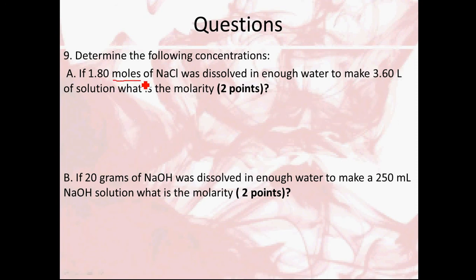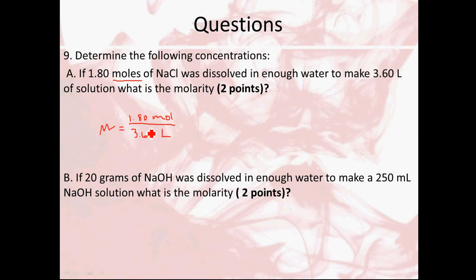So this is already in moles for us, so we don't even have to use the periodic table, which is really nice. So it's asking us for molarity, that's an M. And molarity is moles of solute over volume, or liters of solution, right? So we have our moles already. We'll just put that there. This is our solute. Our solution is going to be 3.6 liters.